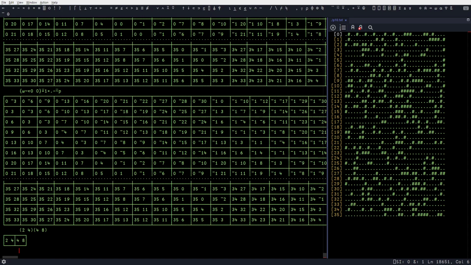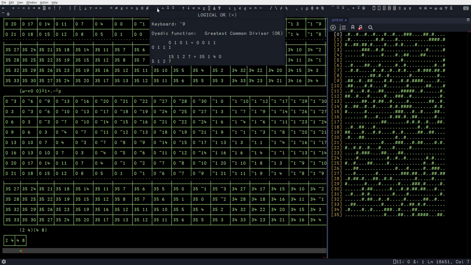Well, APL has this logical OR, which I'll just show here. OR works as you'd expect on Boolean arrays. But if you give it non-Boolean arrays, meaning numbers, it will tell you what the greatest common divisor is.